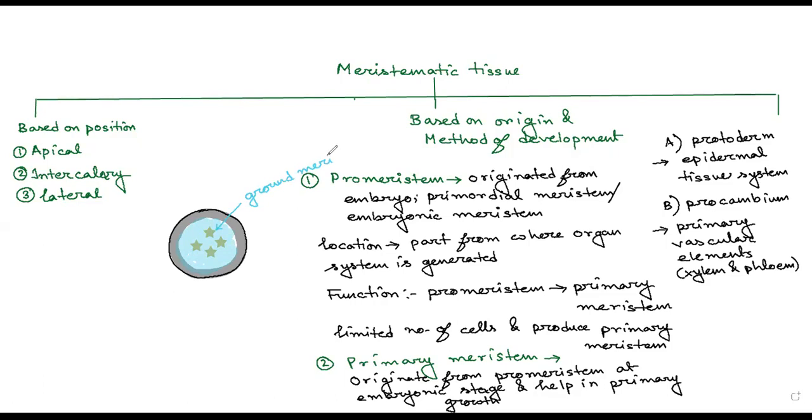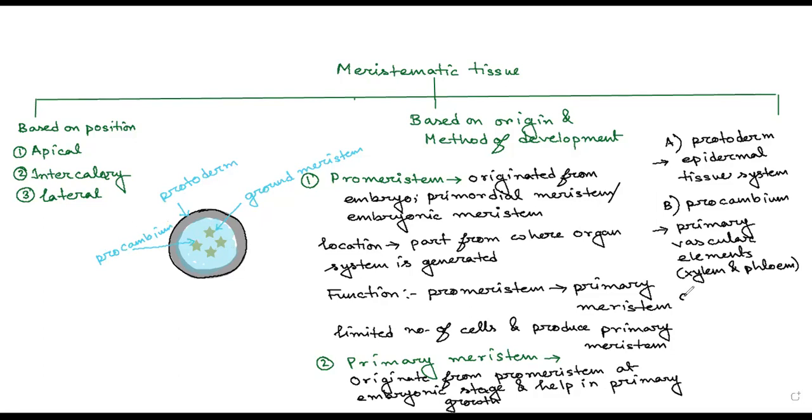So protoderm is responsible for covering. Procambium is responsible for production of xylem and phloem.